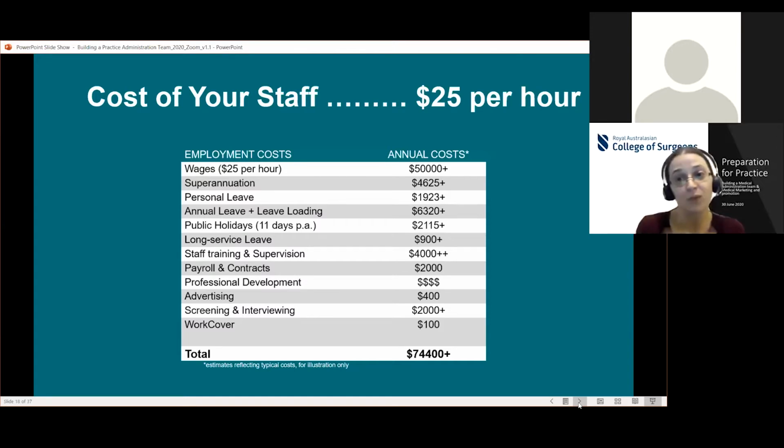You know, even if they come with experience, you do need to have some responsibility to maintain that development. Their payroll, the advertising to get someone in, the time it takes to interview, work cover, etc. So just looking at some of those basic costs, we're estimating that your full-time person at $25 per hour is going to be around 74 grand a year, 74 and a half. So these are some of the extra things you need to consider.